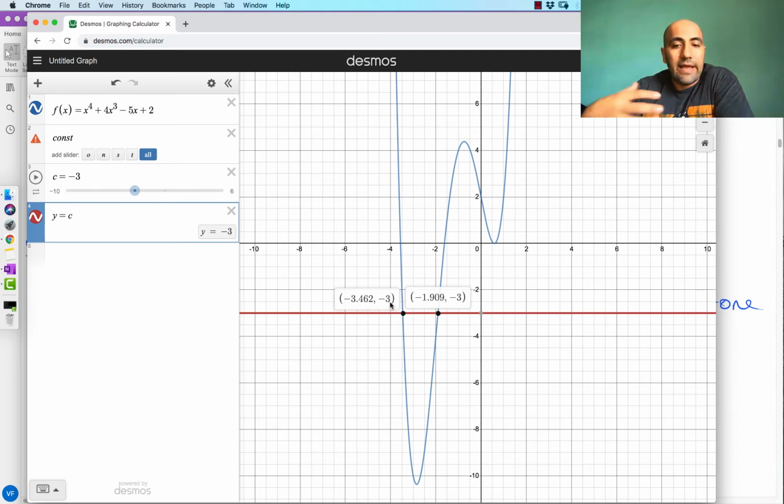So I have found at least one situation where two different inputs in my domain lead to the same output. This is not the graph of a one-to-one function. Right? We've established that. So that's what the horizontal line test does for us.